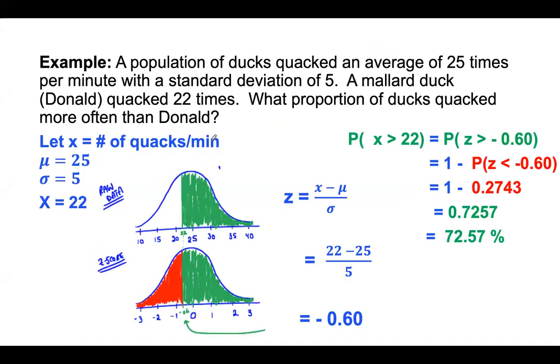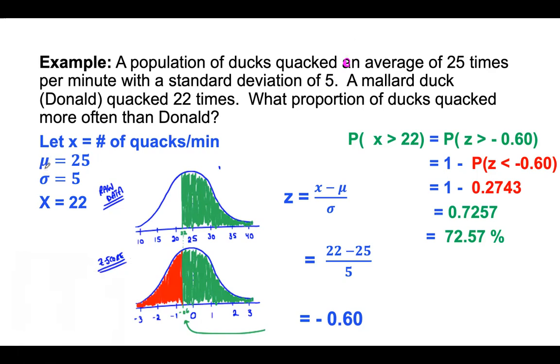So I kind of like this question because I love ducks. They're one of my favorite animals. So a population of ducks quacked on average, let's say, little typos here, of 25 times per minute with a standard deviation of 5.